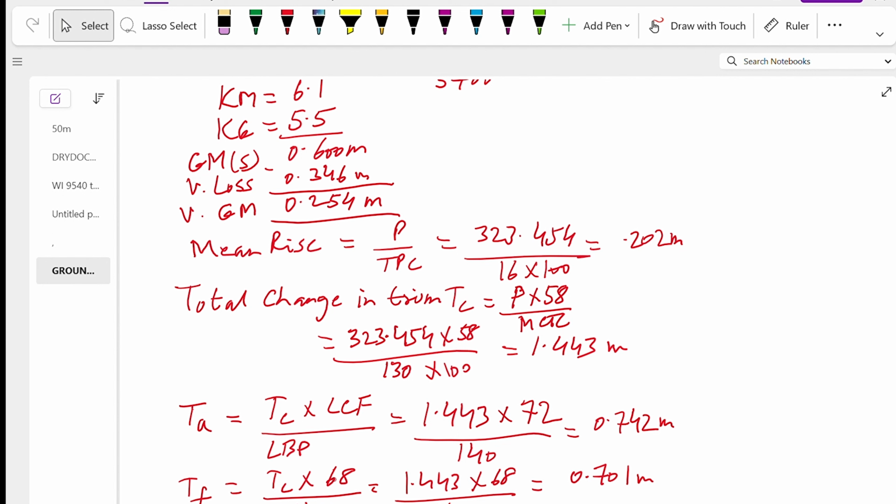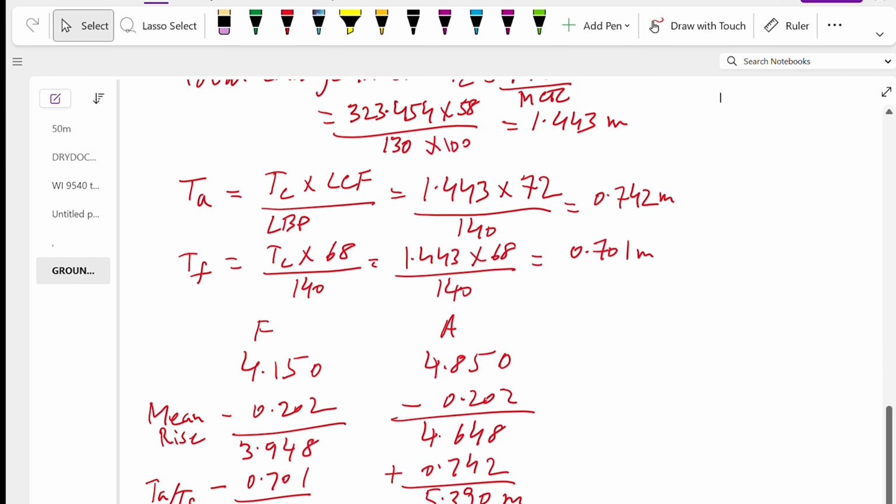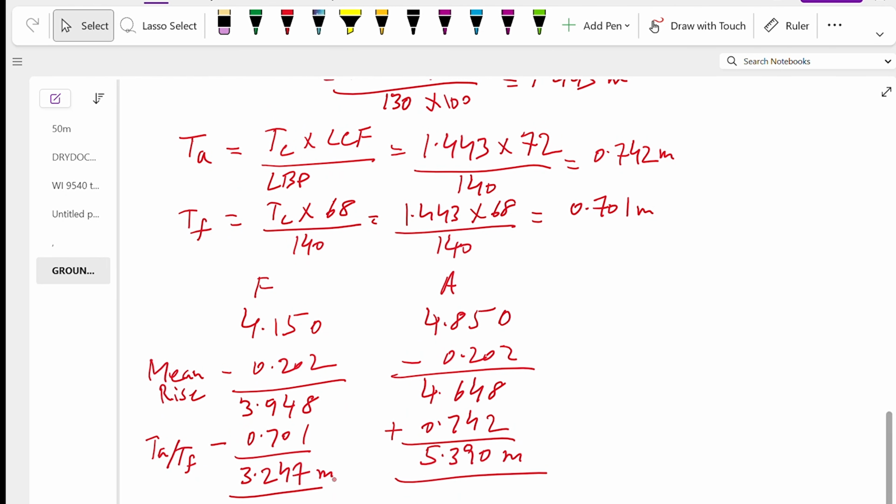You will get the same answer. And then as we do in the trim questions, apply these corrections which we found just now, mean rise and TA, TF, to the individual drafts. Individual drafts provided were 4.15 and 4.85. We applied mean rise and TA and TF to get the final forward and aft drafts after the tide has fallen 80 centimeters.